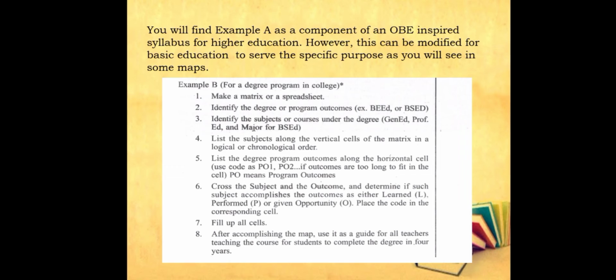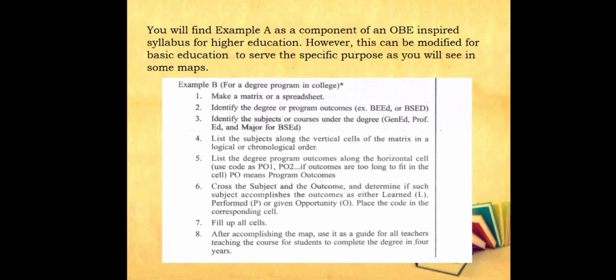You will find Example A as a component of an OBE-inspired syllabus for higher education. However, this can be modified for basic education to serve the specific purpose, as you will see in the same maps. Example B is for a degree program in college. 1. Make a matrix or a spreadsheet. 2.